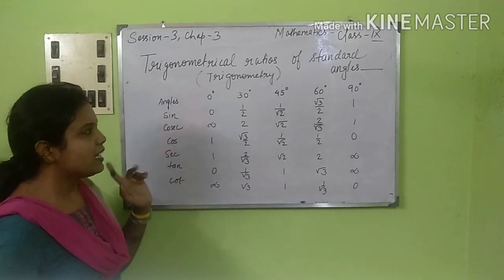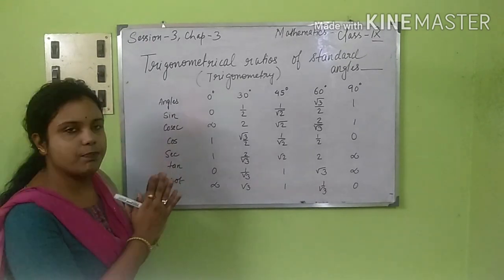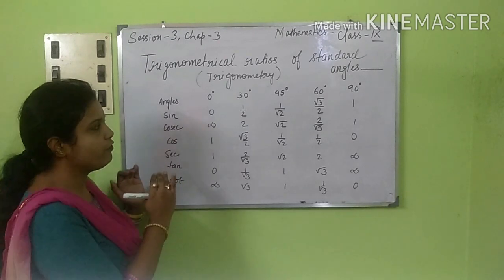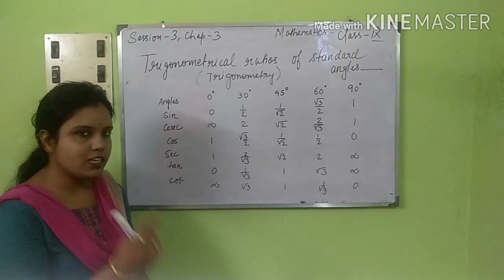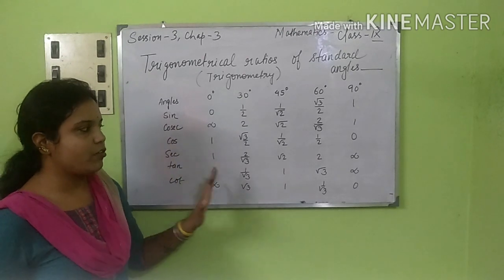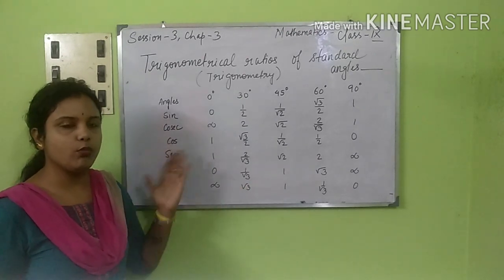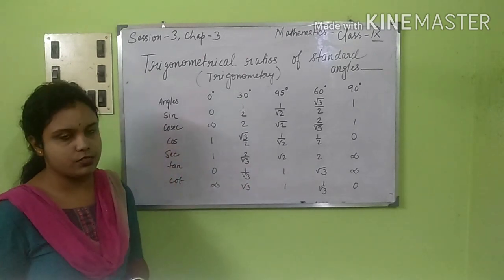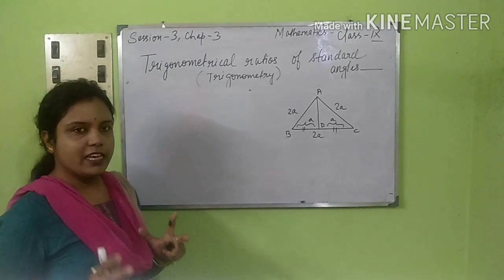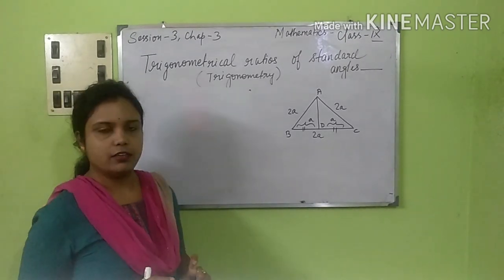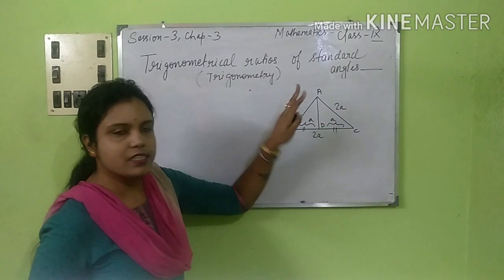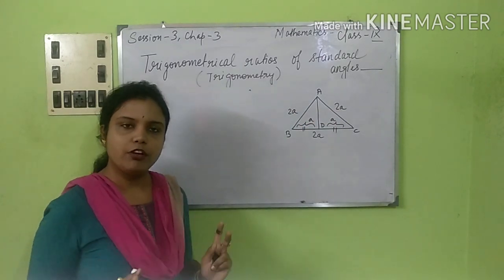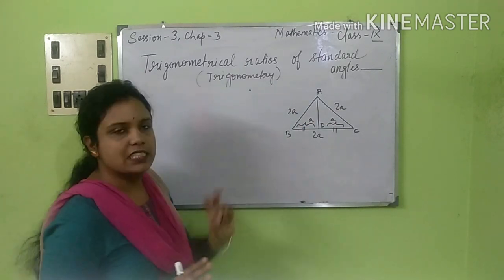Now considering these, we have particular triangles from which we get the particular values. I'll show you one. Right now I'm rubbing this off so that I can show you how we get all these values. I am taking an equilateral triangle. All three sides are equal, and for an equilateral triangle each angle is 60 degree.